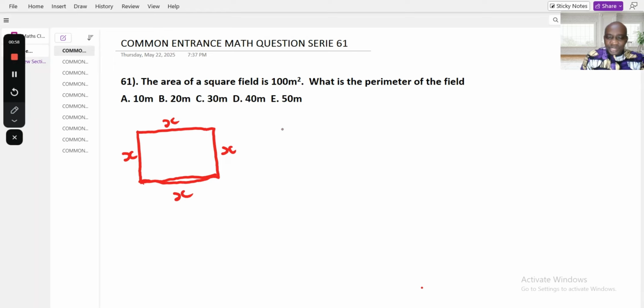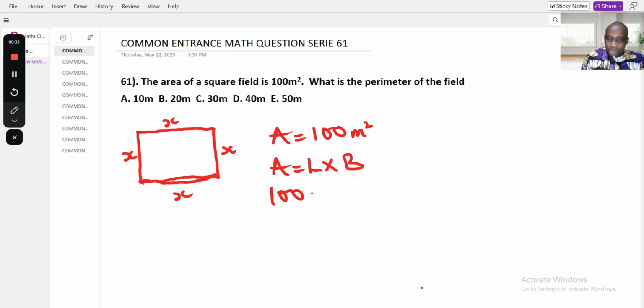Now the area has been given to us already. Area is 100. If you want to solve this question, what is the area of a square? Area of a square is length times breadth. Now change this area to 100.